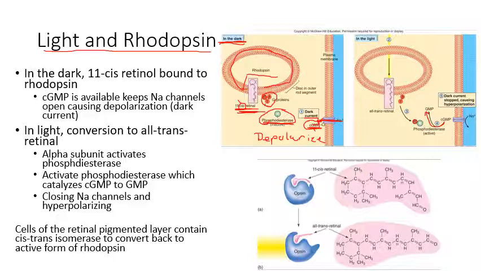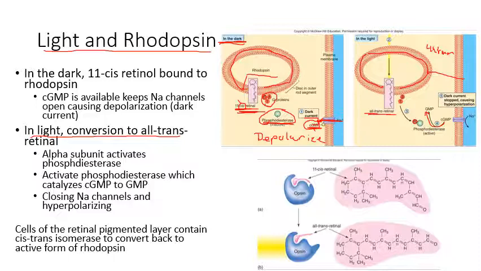When the right wavelength of light hits rhodopsin, remember it's around 490 to 500 nanometers, when that light energy hits the rhodopsin, this retinol molecule gets converted from cis to all trans.